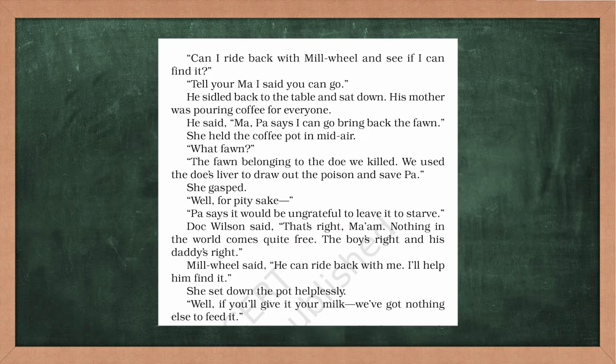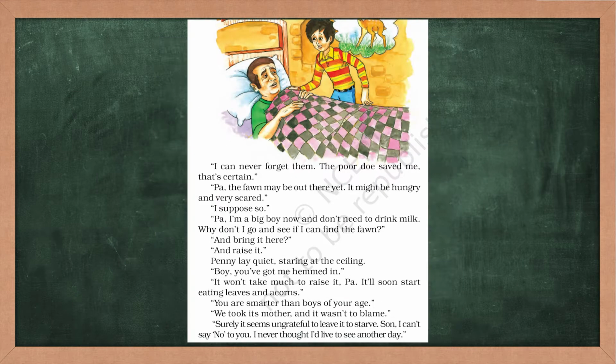On the other hand, he is worried because of the effect on the fawn. The fawn has been orphaned. Page number 87 says, "It might be hungry and very scared." Isn't the story interesting? With a few words, we can try to reconstruct the whole story. Let's try to do that.